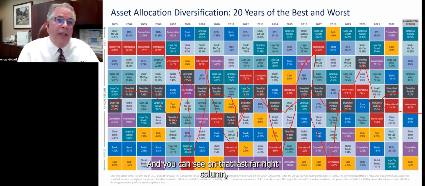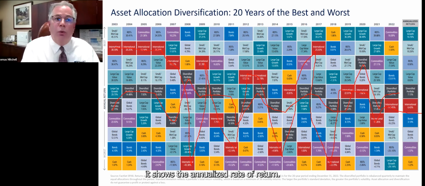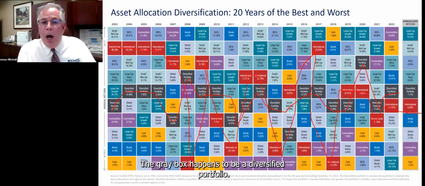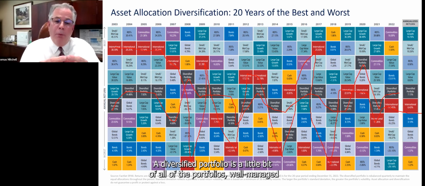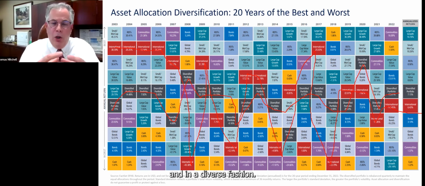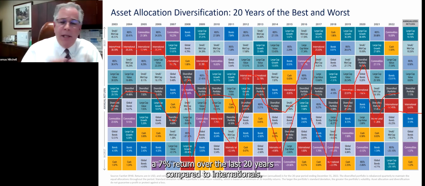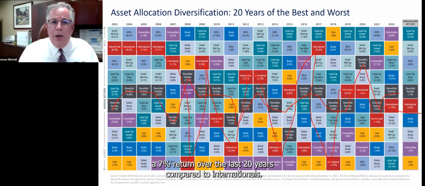And you can see on that last far right column, it shows the annualized rate of return. The gray box happens to be a diversified portfolio. A diversified portfolio is a little bit of all of the portfolios well managed in a diverse fashion. That actually returned about a 7% return over the last 20 years.